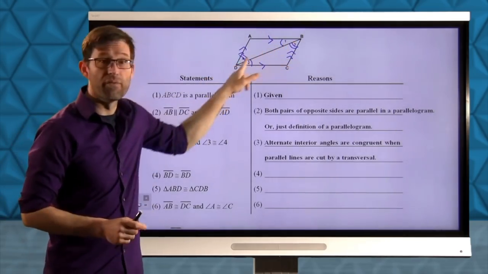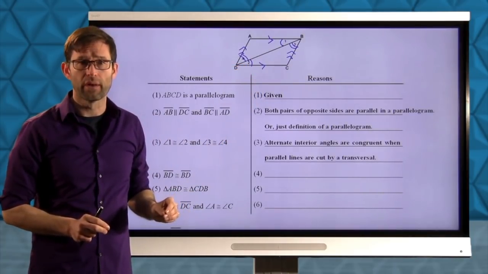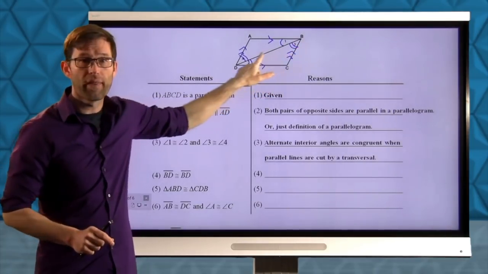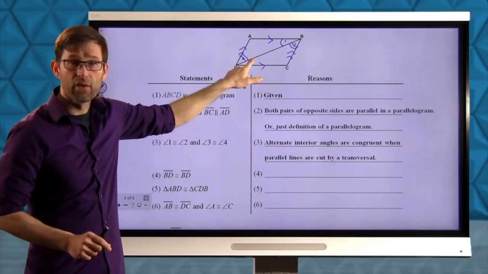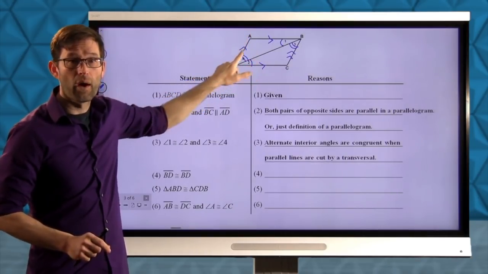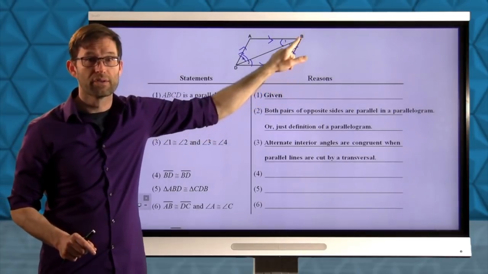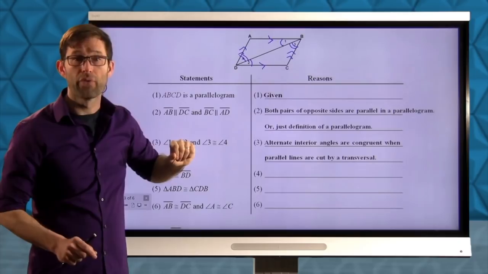The angles of the Z, they are going to be amazingly important in this unit. If I know that that is parallel to that, and then I draw that diagonal in, then angle 1 and angle 2 are congruent. And likewise, if those two sides are parallel, then my Z looks like this, and that angle is congruent to that one. 3 is congruent to 4.